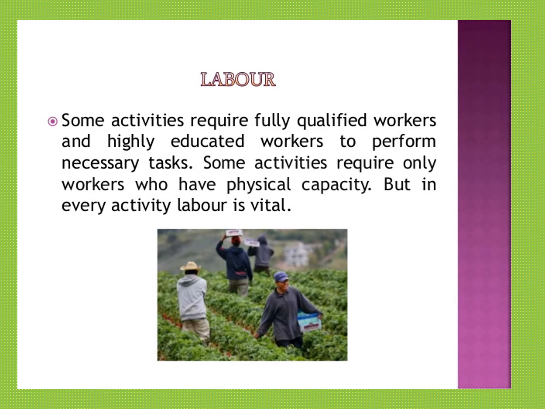They need not have gone to school like you and I have, but they need to just know their job well: how to climb the scaffolding, how to carry the bricks, how to build, and that's it for them. So they are labor. Labor is also divided into skilled and unskilled, but they have physical capacity.